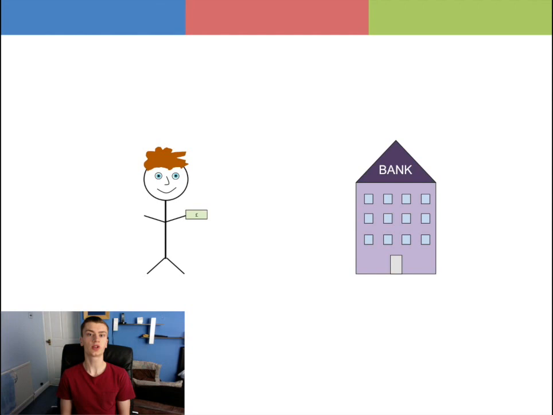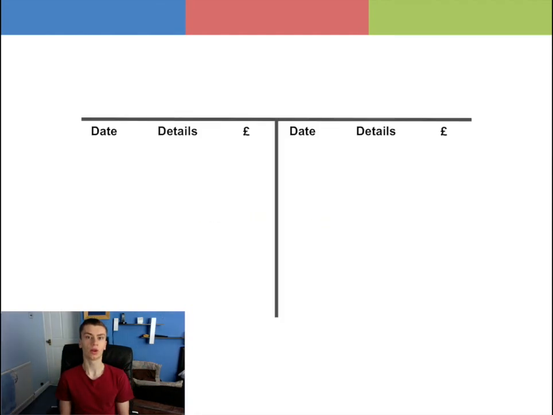Then monthly interest of £15 for the bank loan was paid. The loan interest can be identified as bank loan interest, and therefore we will name the account bank loan interest. This is also identified as an expense, and so we would enter the details on the debit side of the T account.